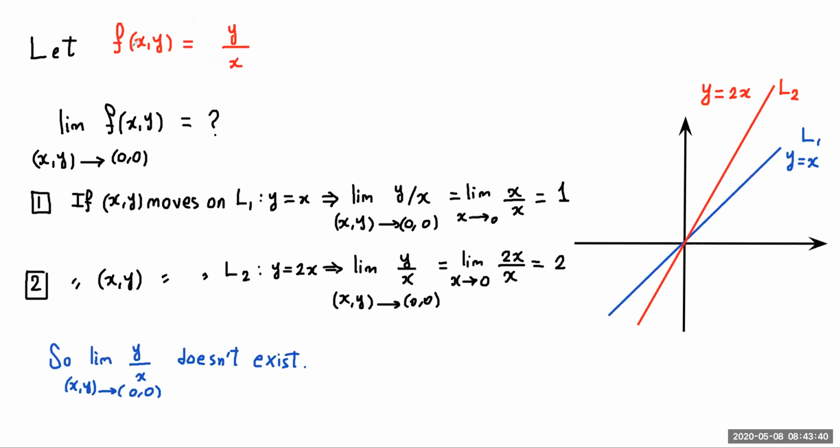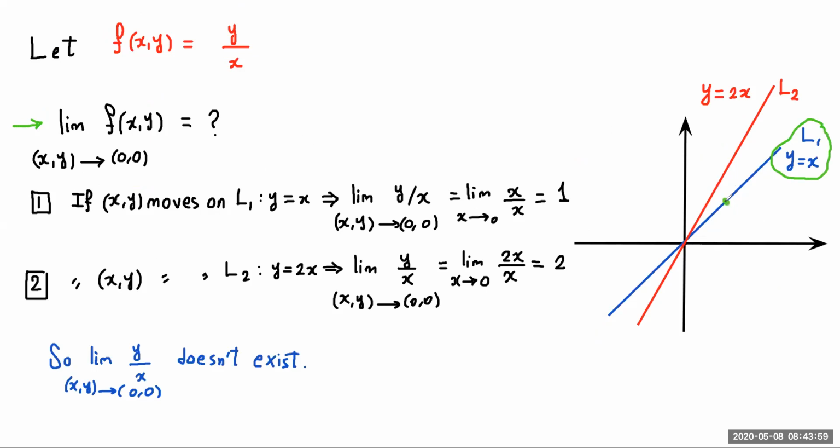Let's take the function f(x,y) equal y over x, and let's search the limit of f(x,y) when (x,y) approaches (0,0). Let's first take the line L1, y equal x.